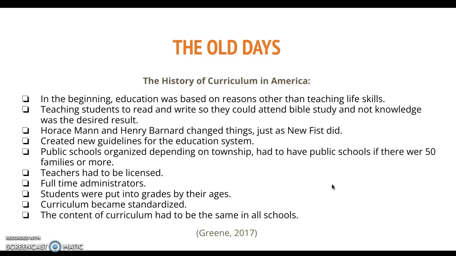It depended on how many families were in the district. Teachers had to be licensed, full-time administrators. Students were organized differently into grades by their ages. Curriculum was standardized, and the content of curriculum had to be the same in schools, which is kind of like what they have been trying to do with Common Core, right?